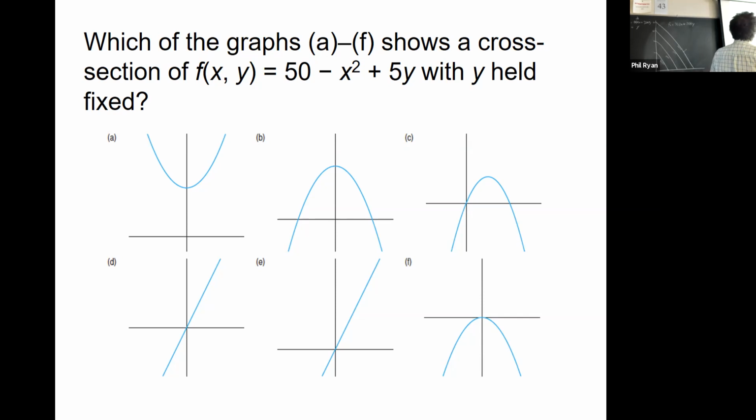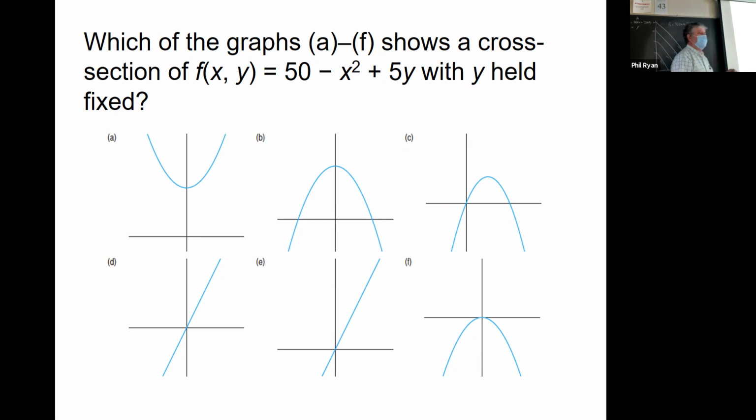Okay, so a cross section will look like some C. Oh no, we're fixing one of the variables, with y held fixed. So it's going to be z equals 50 minus x squared plus 5c.